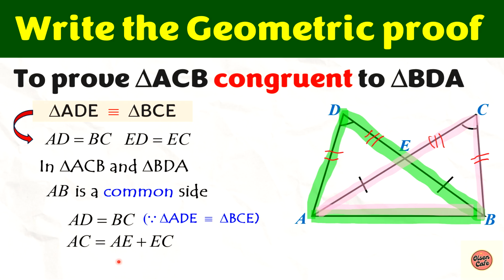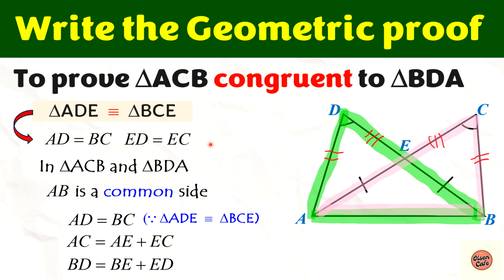Basically, I can observe that AC equals AE plus EC. I also know that the length BD equals BE plus ED. If you take a look at these two equations, AE and BE are equal in length, as given in the diagram. So let's take a look at EC and ED.